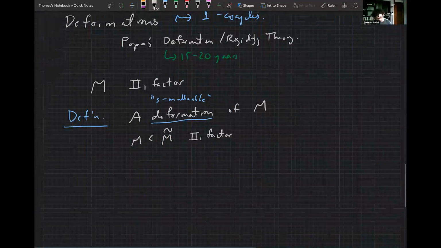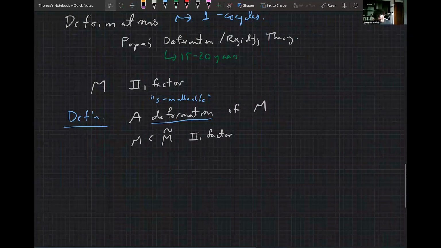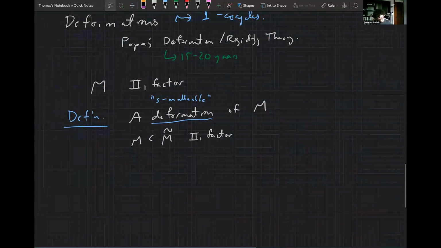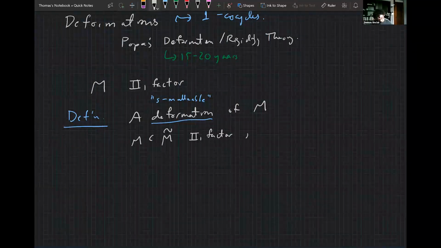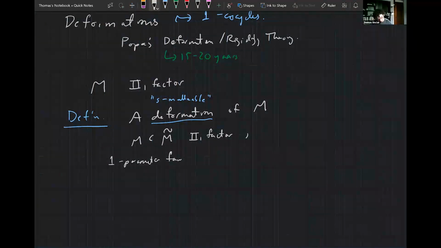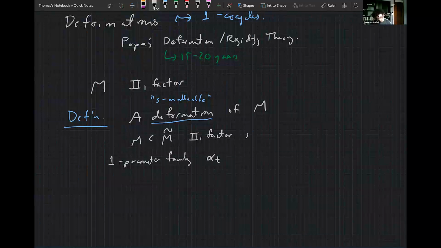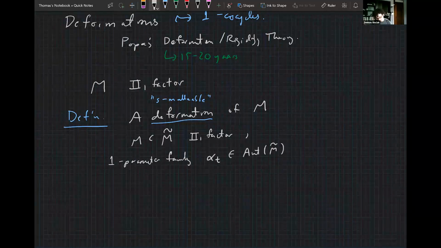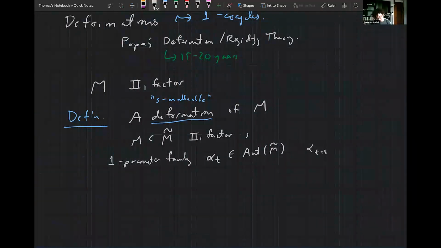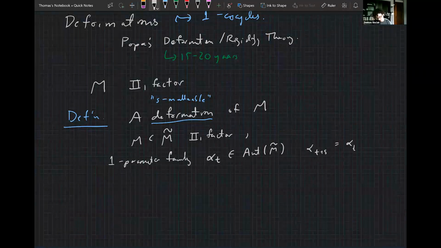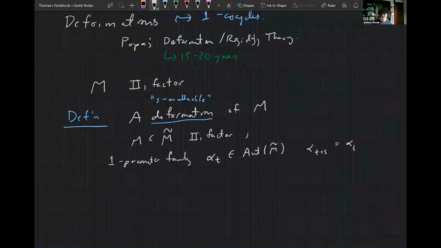And then you have a 1-parameter family alpha_t of automorphisms of the over factor M tilde. It is a 1-parameter group in the sense that the additive identity holds.